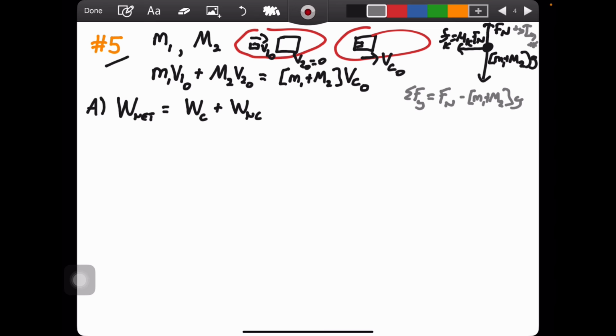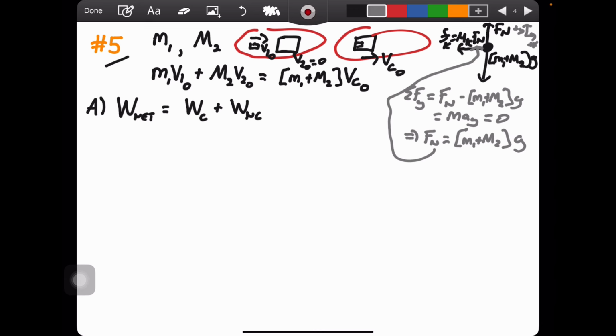And then the sum in the y direction equals 0, because there is no acceleration in the y direction. This problem is just about horizontal motion. And that means that I can say that the normal force is equal to (m1 plus m2)g. And that's helpful for me because this term right here goes right there.